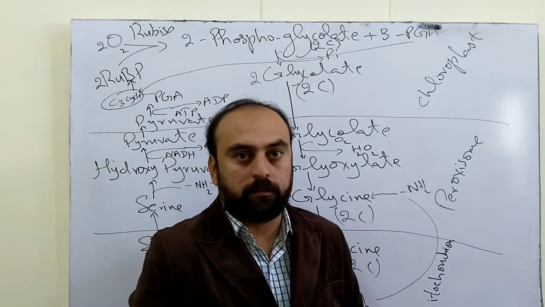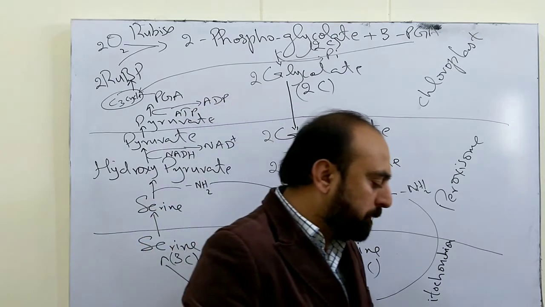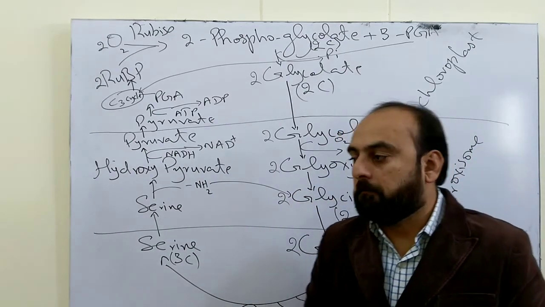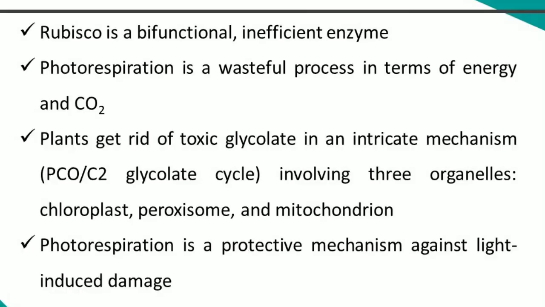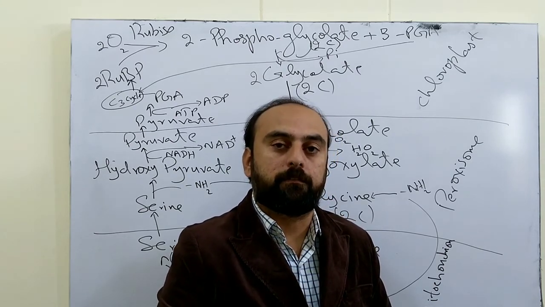But this incurs additional cost, thus wasting energy as well as the already fixed carbon dioxide. But the advantage of this photorespiration is that it can prevent or avoid the light induced damage.